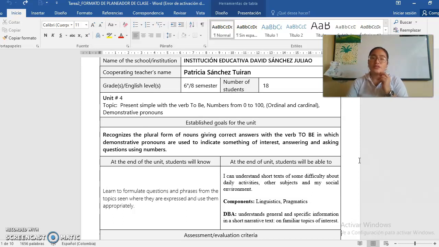Establish goal for the unit. Recognize the plural form of nouns, giving correct answers with the verb to be in which demonstrative pronouns are used to indicate something of interest, and ask questions using numbers.